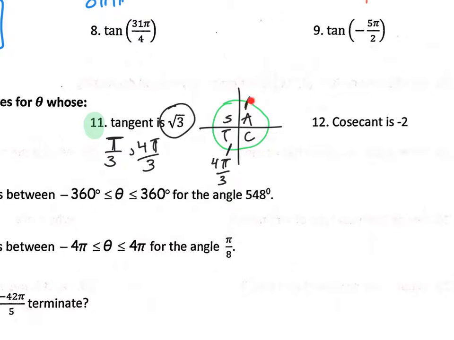If this is pi over 3 and this is 4 pi over 3, going counterclockwise, now if I go clockwise, what will those angles be? If this is negative pi over 3, that's going to be negative 2 pi over 3. If I continue, this is negative 4 pi over 3, and that's going to be negative 5 pi over 3, which is the angle I want. So there you go. I found the 4 angles that they requested.